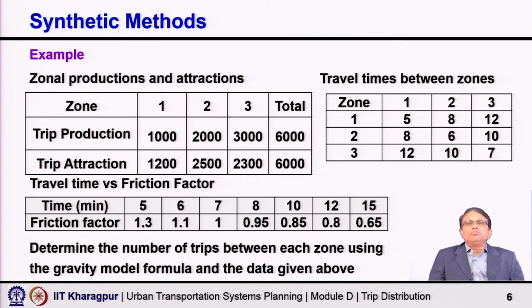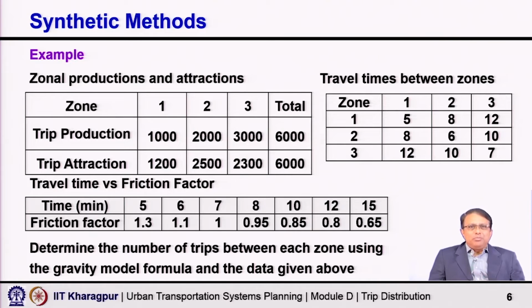Then the travel time between zones. We are taking travel time here instead of distance or cost. The travel times are given for 1 to 1, 1 to 2, 1 to 3, 2 to 1, 2 to 2, 2 to 3, 3 to 1, 3 to 2, 3 to 3. And someone has already developed friction factor values for us with respect to this travel time.